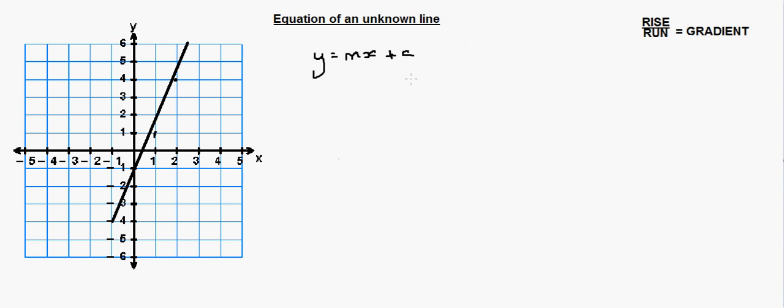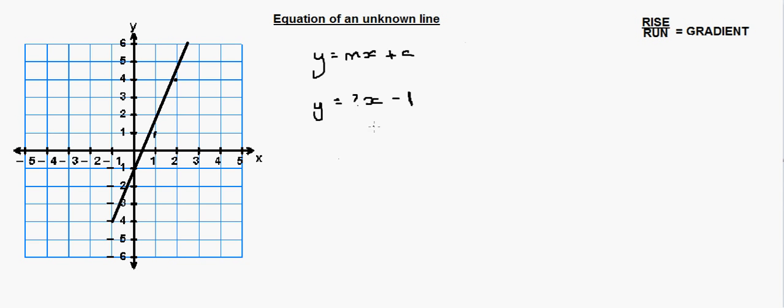Now the c value, remember, c stands for cut on the y-axis, and we can see that it cuts at -1. So y will equal something x, we don't know yet, -1.